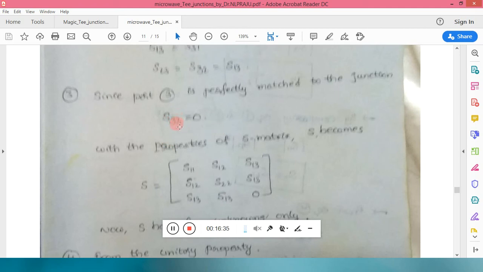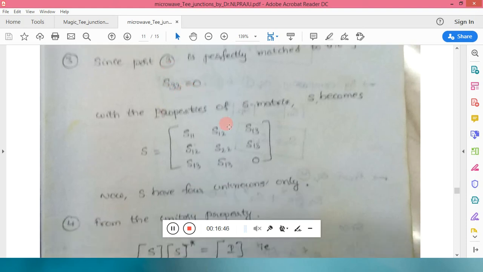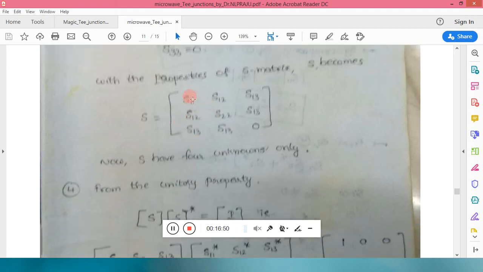Here we apply input at port 3 and take output at port 3, and there are no reflections since it is perfectly matched. Therefore, it is 0. Now, according to the properties, the S matrix becomes S11, S12, S13; S21, which is the same as S12 by the symmetry property, S22, S13; S23, which equals S13. Therefore, you can write it as S13, S13, 0.